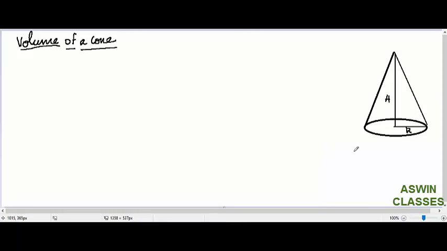For that, I'm just taking a section here. See, there's a circular section here. Actually, it's a small cylinder of thickness dx.